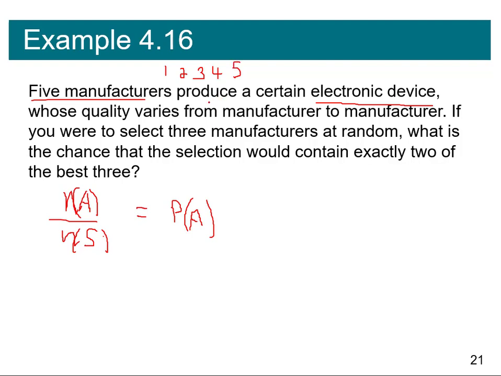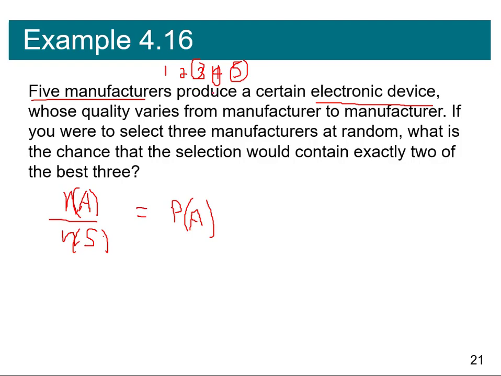Okay, so if you select 3 of the manufacturers, so you just select 3, like this one, this one, this one, what's the chance that the selection would contain exactly 2 of the best 3? So when I wrote 1, 2, 3, 4, I was talking about the quality, where 1 is the best quality, 2 is the second best quality, and so on.